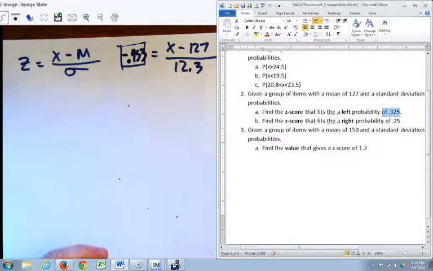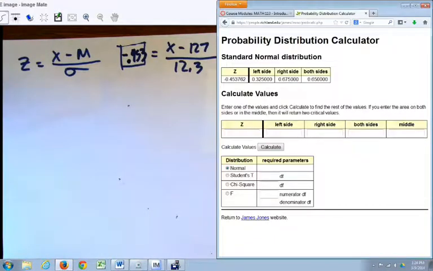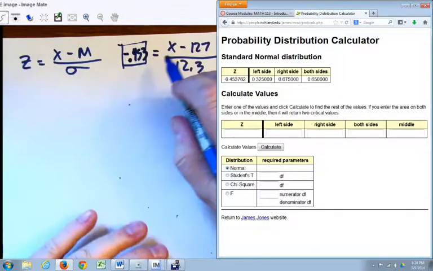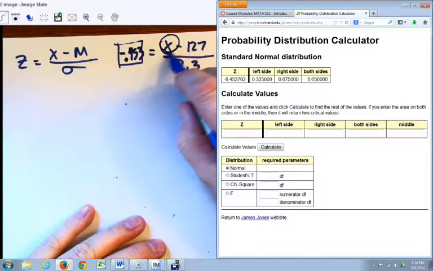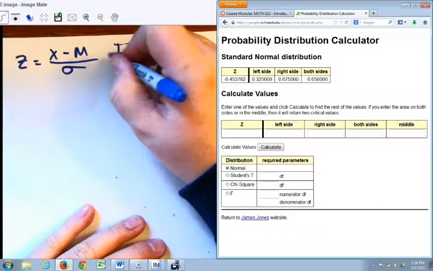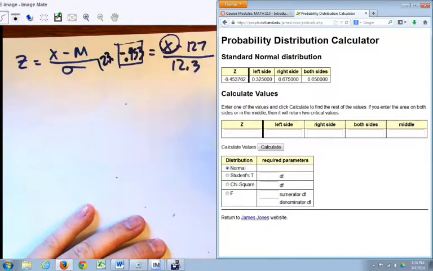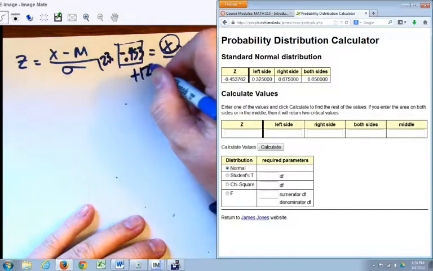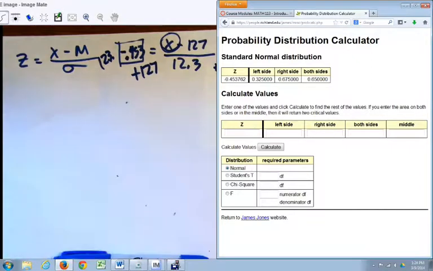Now, once I find the z-score that goes along with this, I can plug it in and find what specific number for x it gives, by simply multiplying both sides times 12.3 and then adding 127 to both sides.